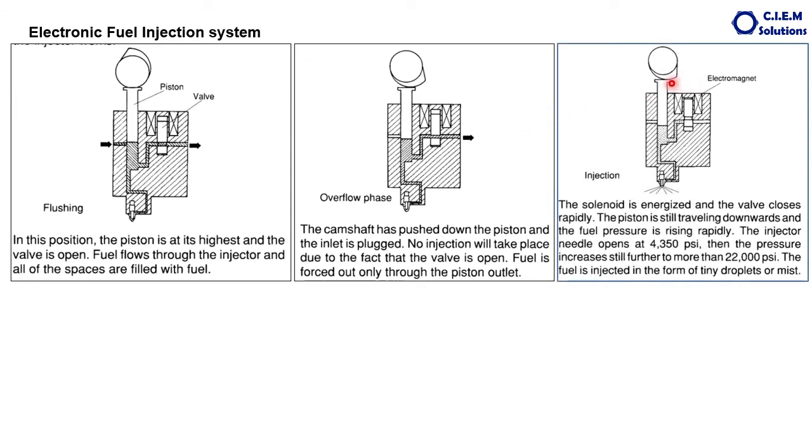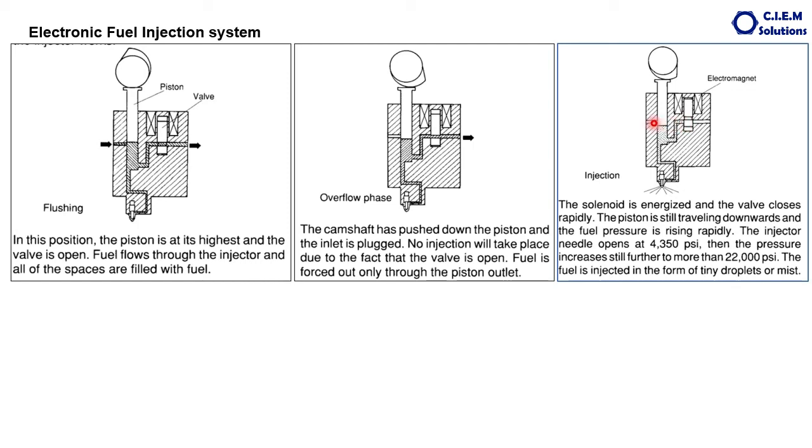The cam is rotated further and the plunger or piston is moved further downwards, creating pressure, and at the same time the solenoid is energized. When the solenoid is energized, this valve is pulled upwards and this passage is closed. You can see this slot is moved upwards and this passage is closed. Fuel cannot escape from here.